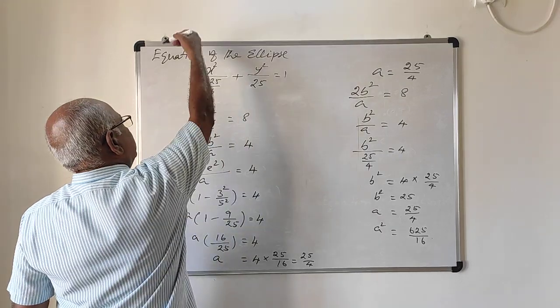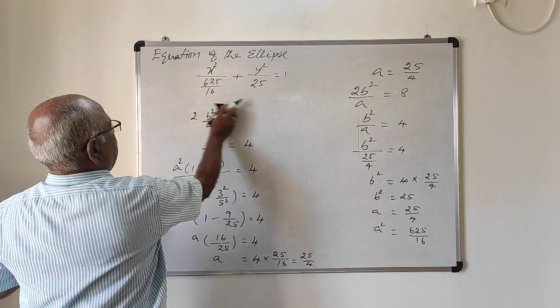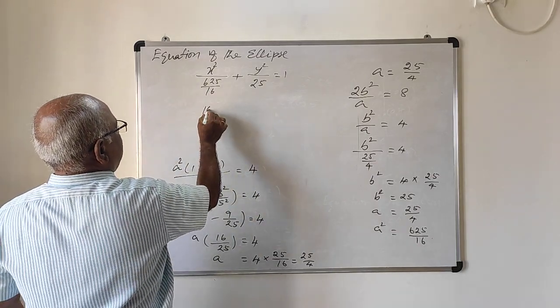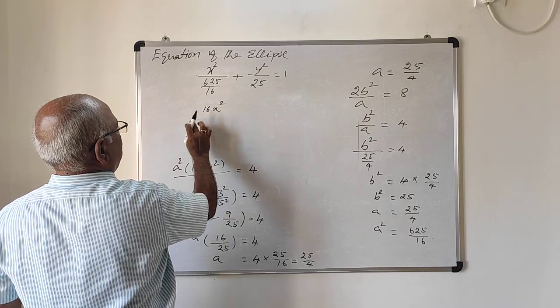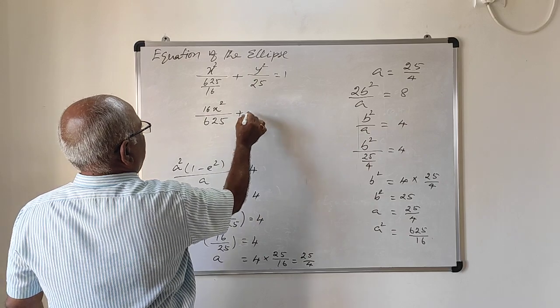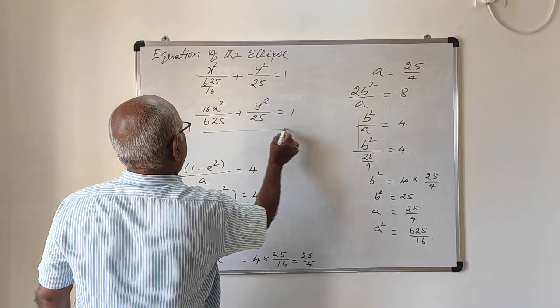The denominator 16 goes to the numerator. Therefore, the equation of the ellipse is 16x square by 625 plus y square by 25 equal to 1, which is the required equation of the ellipse.